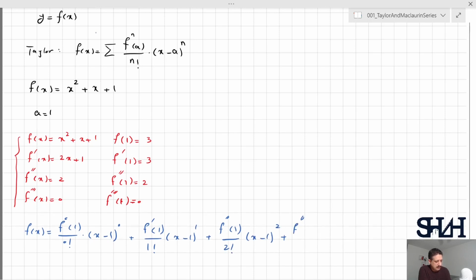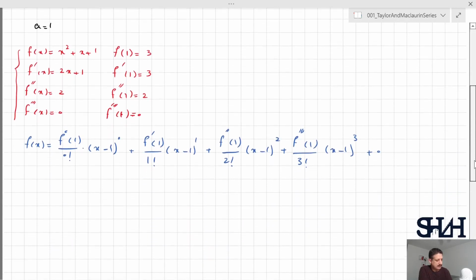The third one is over 3 factorial times (x minus 1) cubed. The rest will be 0 in this case.